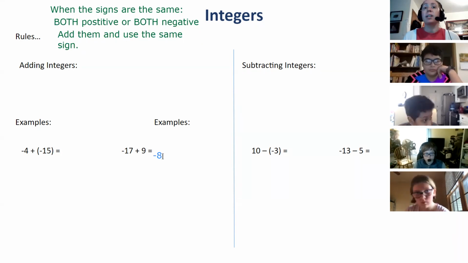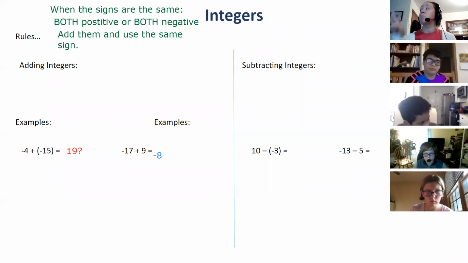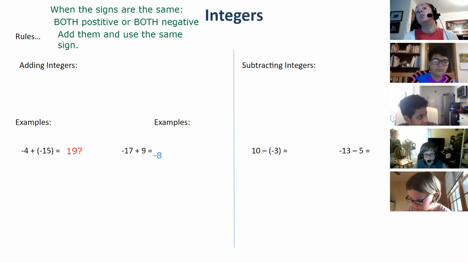Yeah, very good. That person's right on there. So what would -4 and -15 be? They're both negative. Yes, they're 19, but since they're both negative, what does my answer need to be? -19, right.